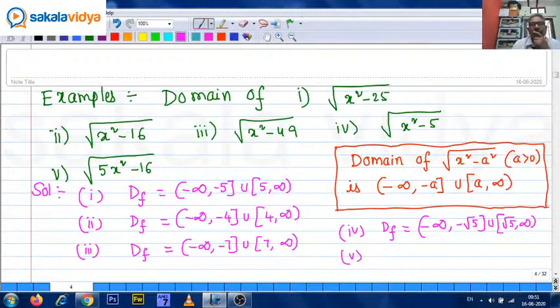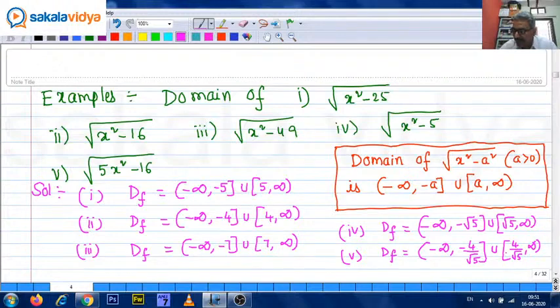This will be, you can write the domain of f is equal to minus infinity comma minus 4 by root 5, closed, union 4 by root 5 comma infinity, correct? So that means without paper and pen you can do the problems. Right.